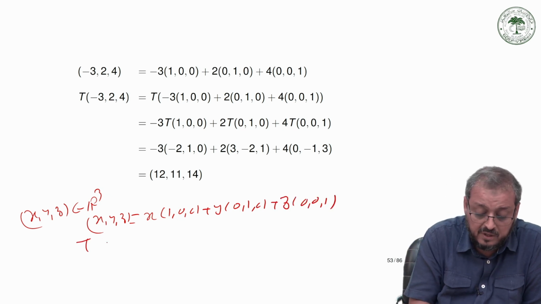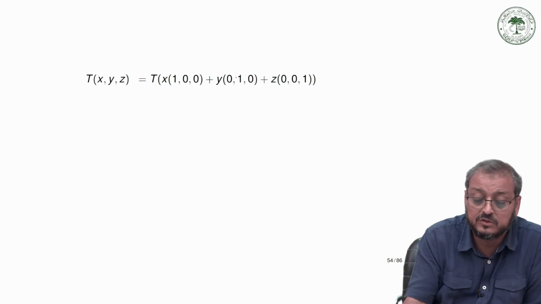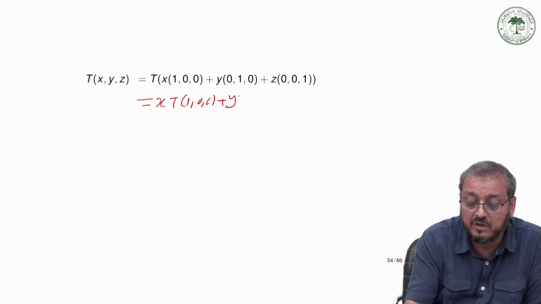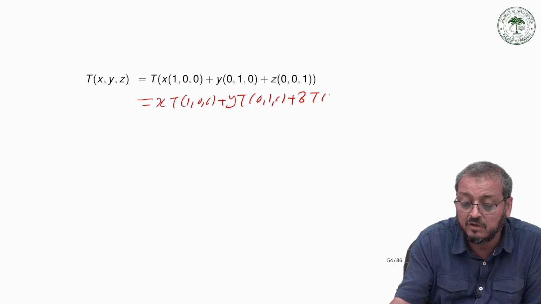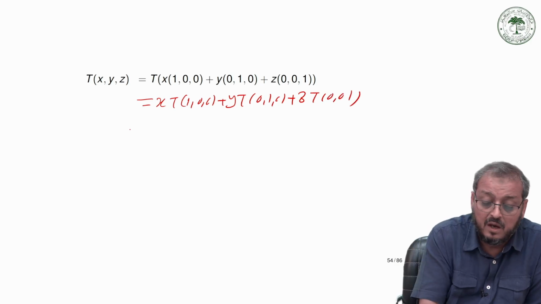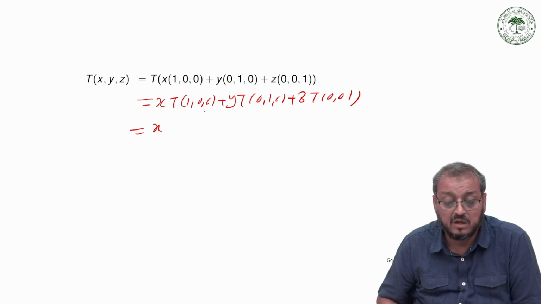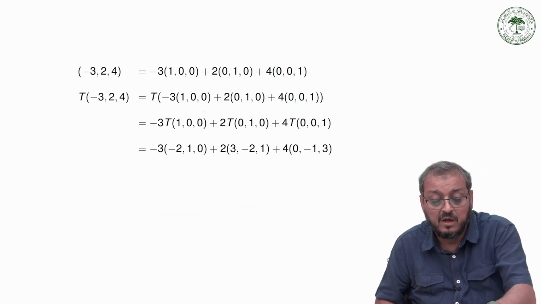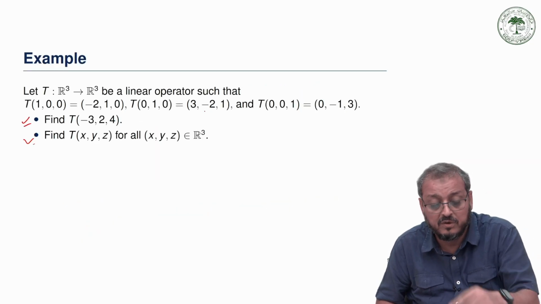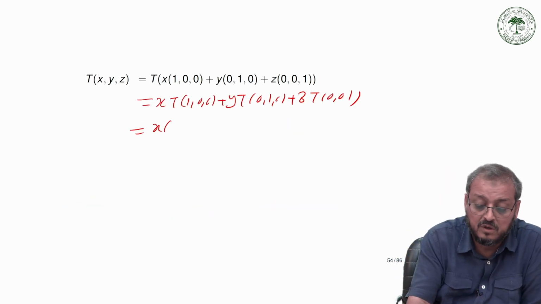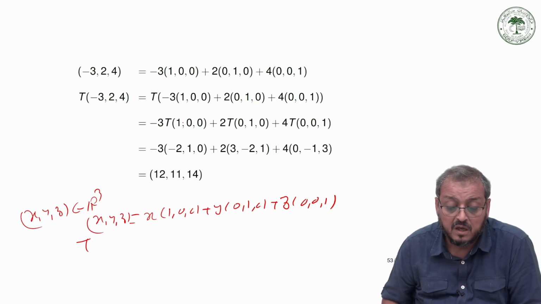Now operate T on this using linearity: x times T of (1, 0, 0) plus y times T of (0, 1, 0) plus z times T of (0, 0, 1). Here T of (1, 0, 0) has the value (-2, 1, 0).